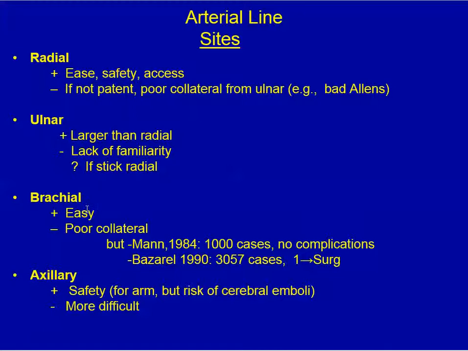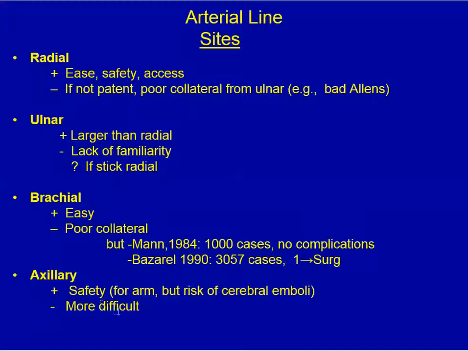The brachial is somewhat easier than the radial, being a larger vessel. The concern has been that there's poor collateral around the elbow, but in fact, large series have found a very low incidence of ischemic damage. But certainly whenever you place a brachial, you need to be extremely careful in your monitoring, and if any signs of limb ischemia develop, to have a vascular surgeon take care of it.